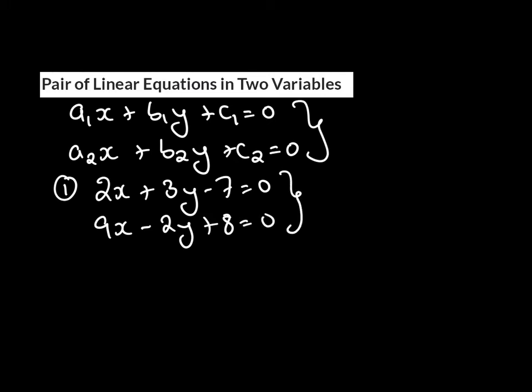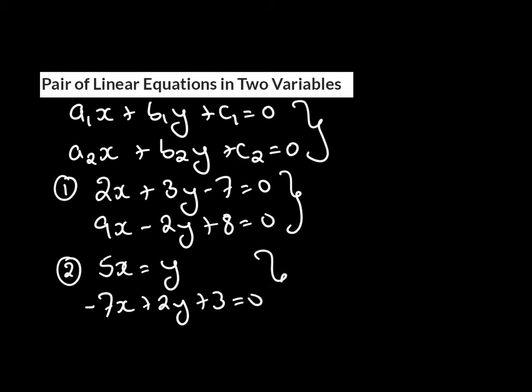This can be said to be a pair of linear equations. We can take another example. 5x equal to y. This is one linear equation. And negative 7x plus 2y plus 3 equal to 0 can be another pair of linear equations. So now we know what a pair of linear equations in two variables mean, and we also know the general form.